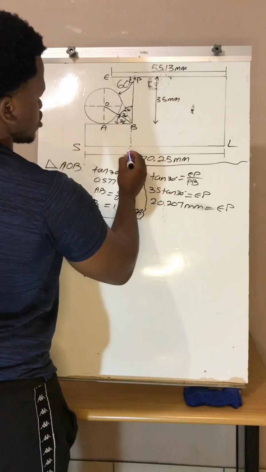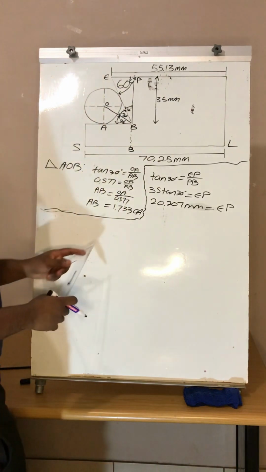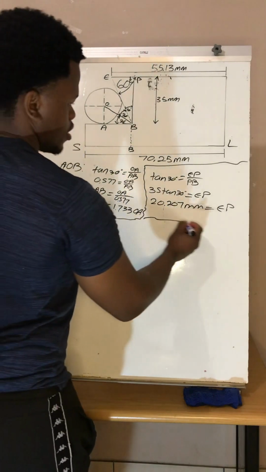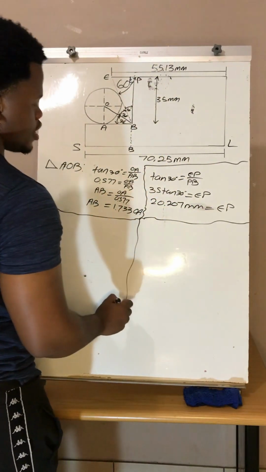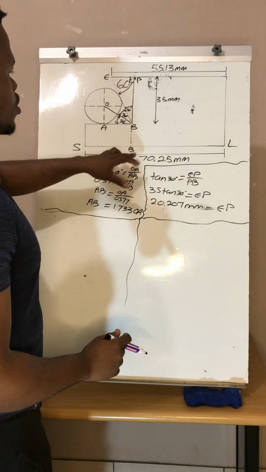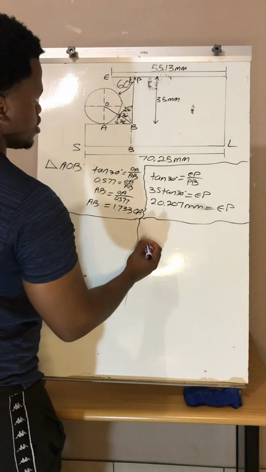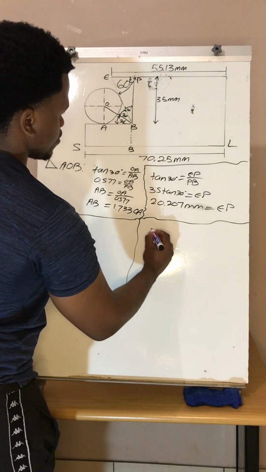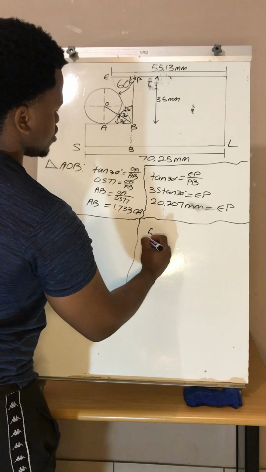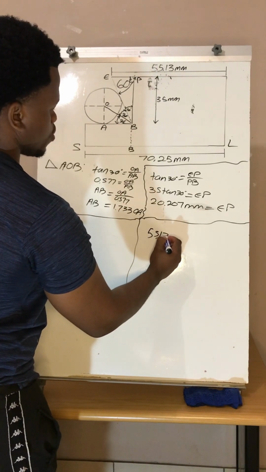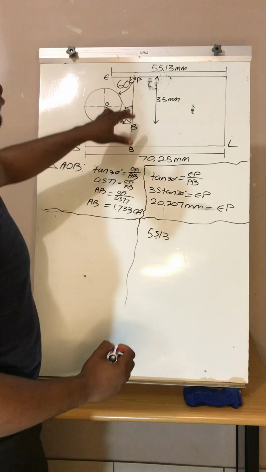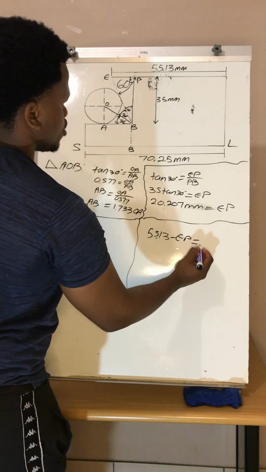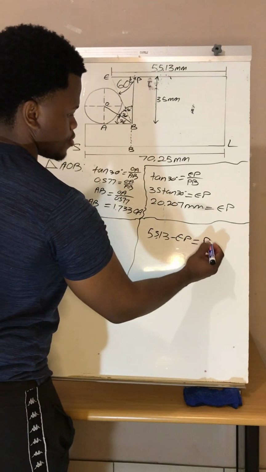As we said, in order to find it, 55.13 minus EP will give us BL.